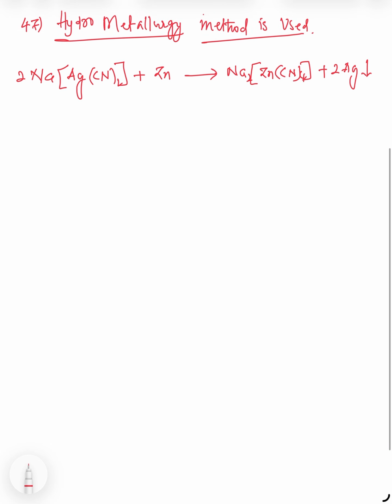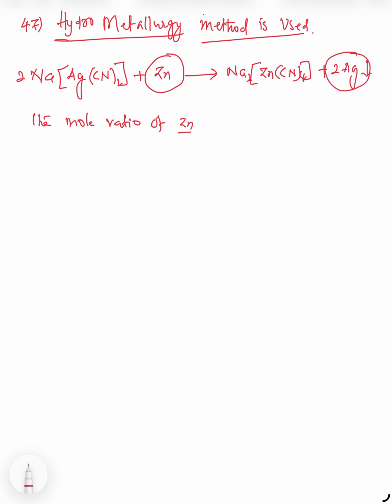If we observe this reaction, the mole ratio of zinc to silver is 1/2. That means 1 mole of zinc is used and 2 moles of silver are formed in this reaction. Is it clear?